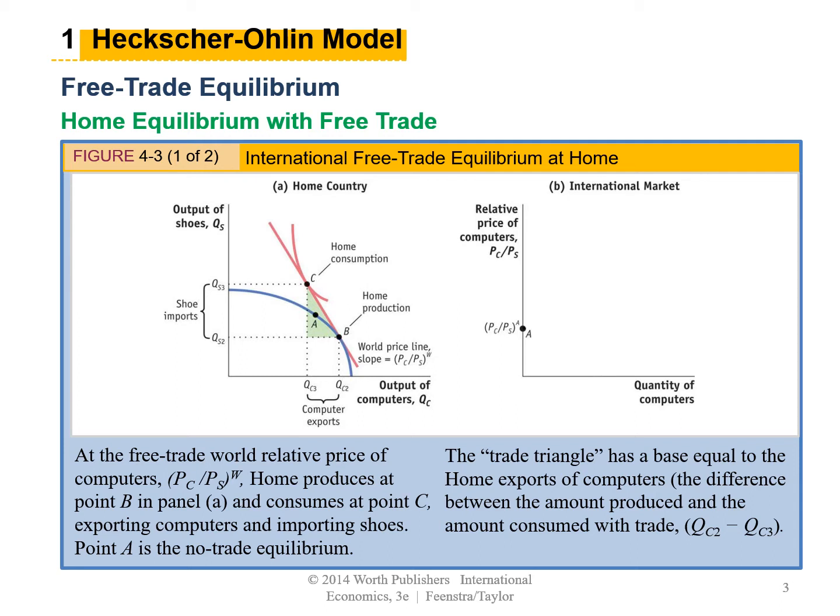It can exchange those for a larger number of shoes than it could at home, and that's why the pink line has a higher slope than the original slope at point A. Through trade, the home country can rotate that line, that point of tangency, in such a way that it can reach a higher indifference curve at point C.